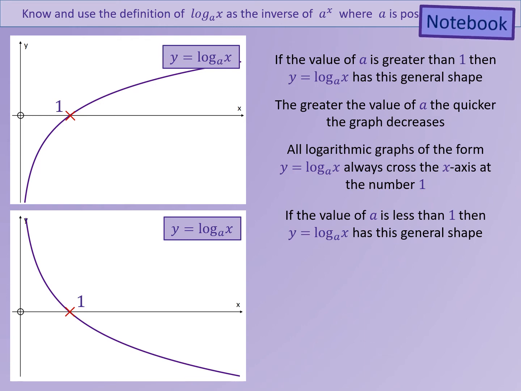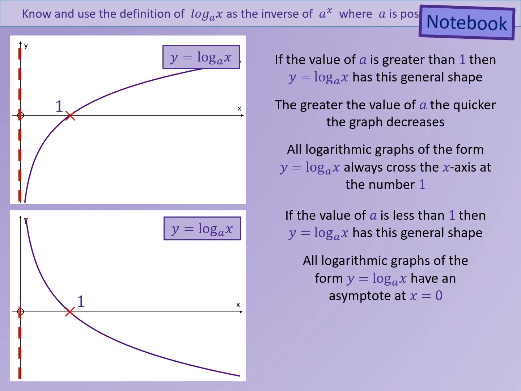And the same is happening here. We get a different type of curve. But no matter whether we have got a base value greater than 1 or a base value between 0 and 1, there is always this asymptote at the y-axis.